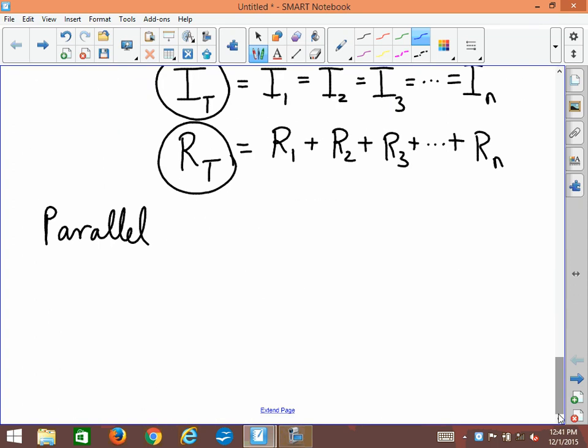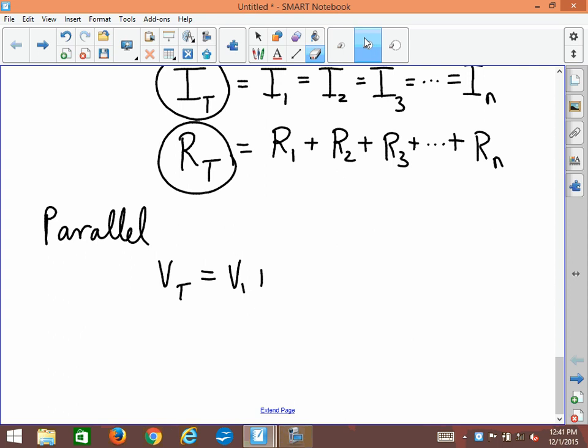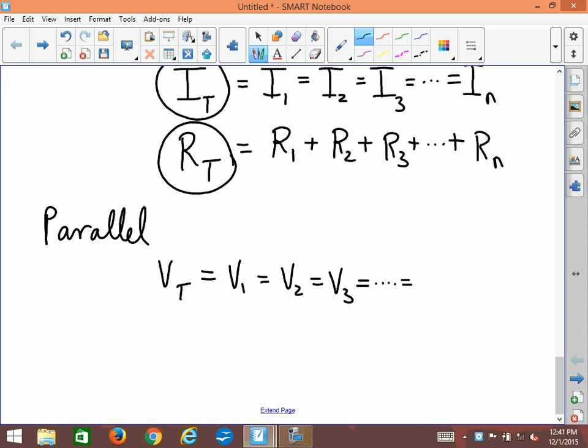So what we say in parallel is that the total voltage is the same at load 1, the same at load 2, the same at load 3, and the same all the way up until you get to your very last load, whatever number that is. So the total voltage is the same across each load in a parallel circuit.